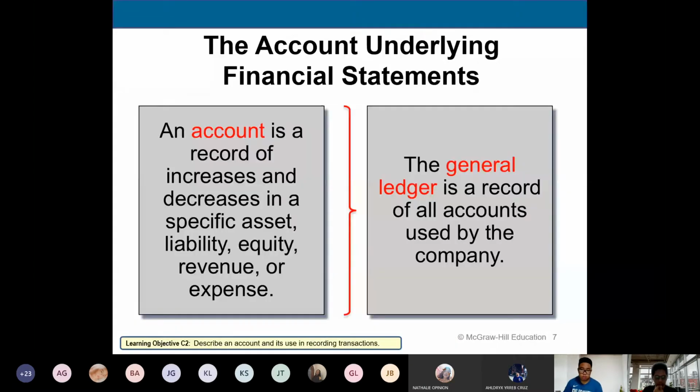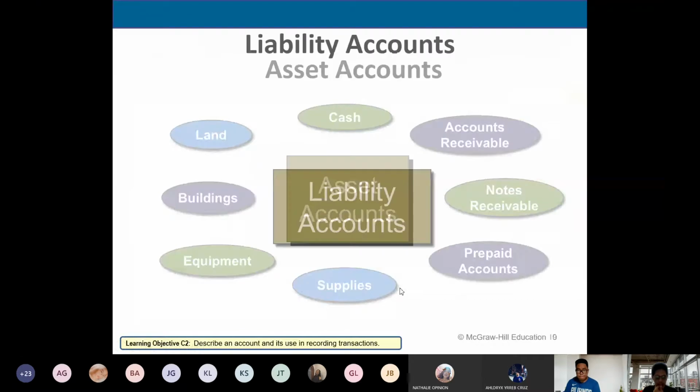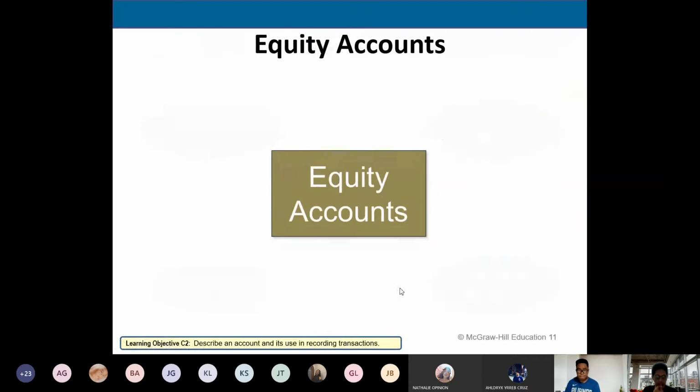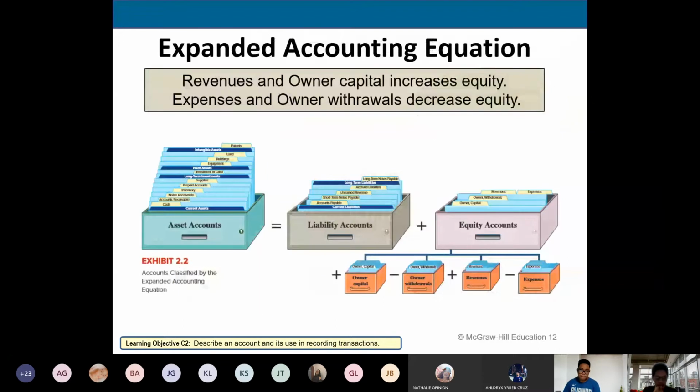Okay. Actually, we have already discussed this. Tama ba? Example of assets. Tama. Liabilities and equity. Okay. Did you receive the files, yung in-upload ko last time, yung PowerPoint? Yes po, sir. Okay.